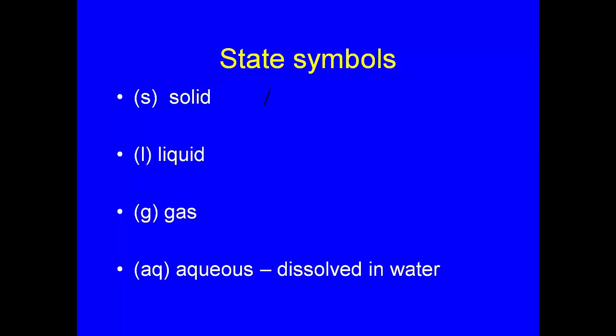I also remember all ionic compounds are going to be solid. This is without water. Liquids, these tend to be your molecules. Gases, also molecules, covalent. Aqueous, dissolved in water.